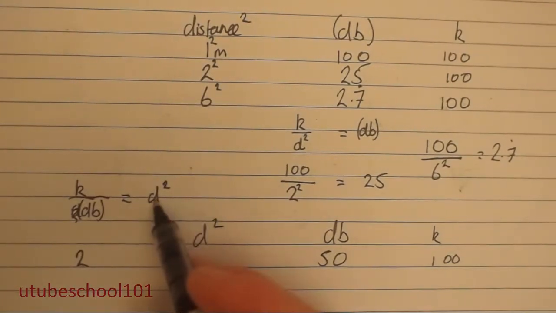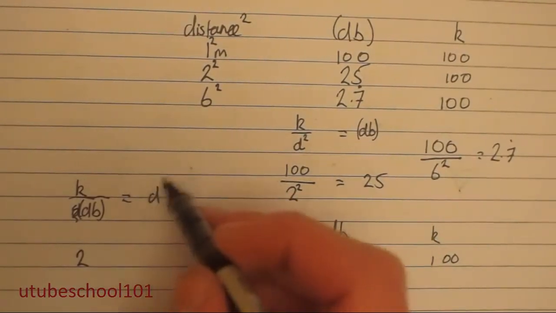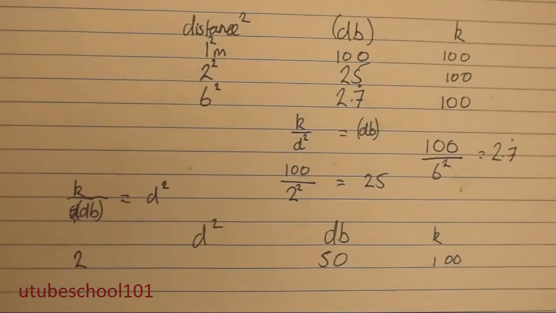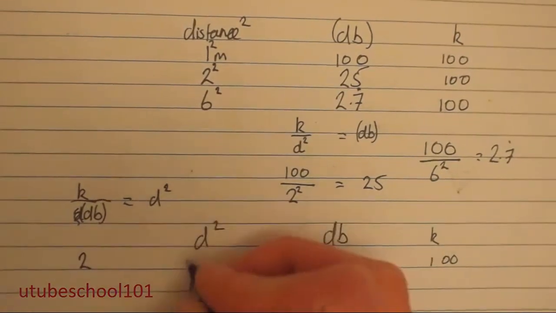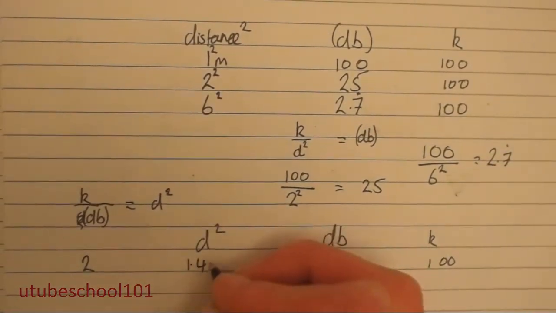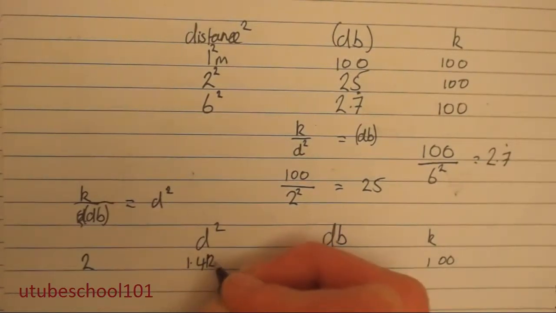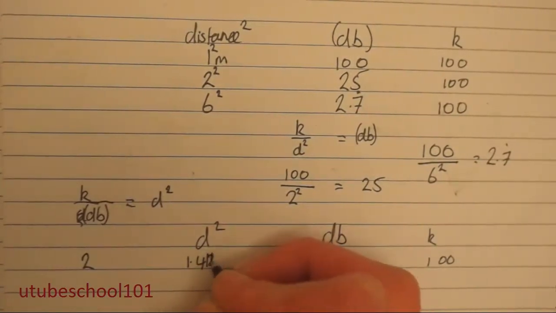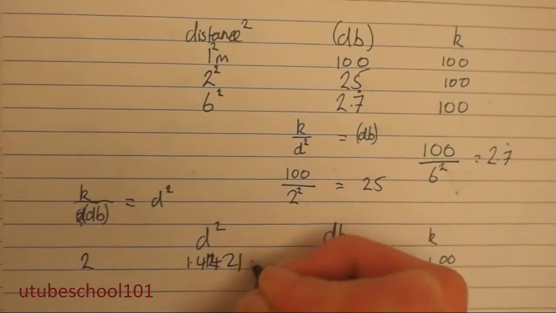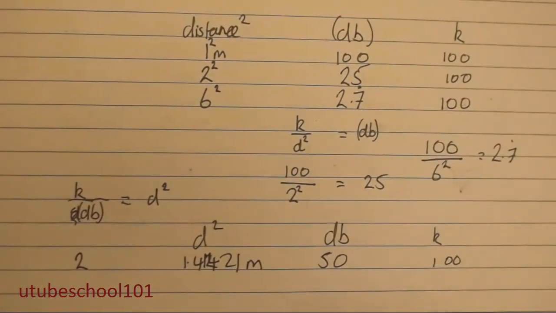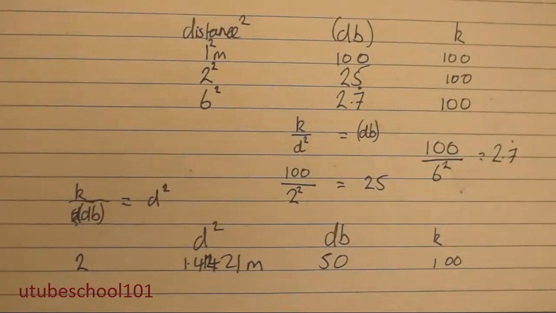Because it's d squared, we have to square root it to get rid of the little 2. The square root of 2 is quite a nasty number: 1.421 and so on. That number just goes on forever.